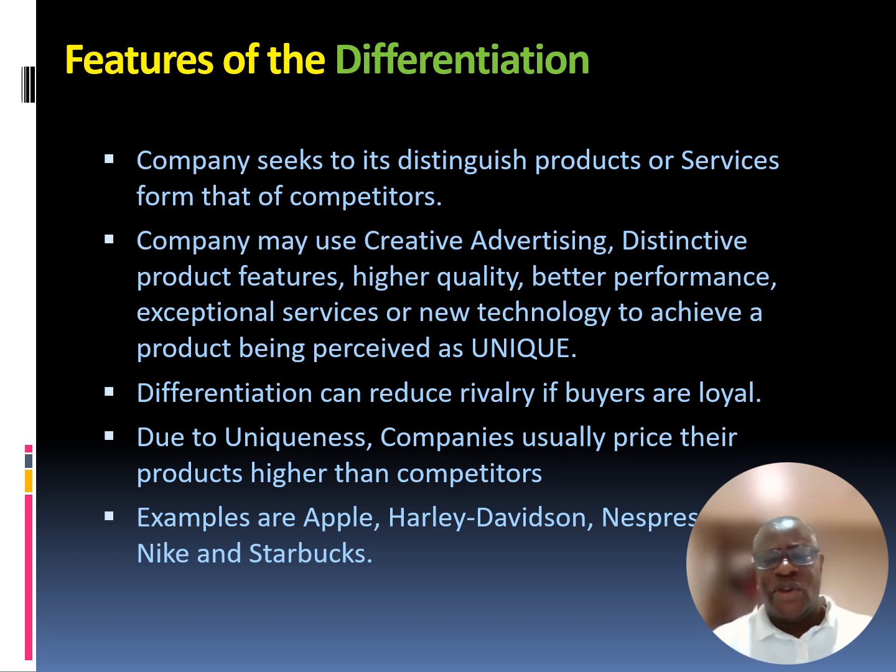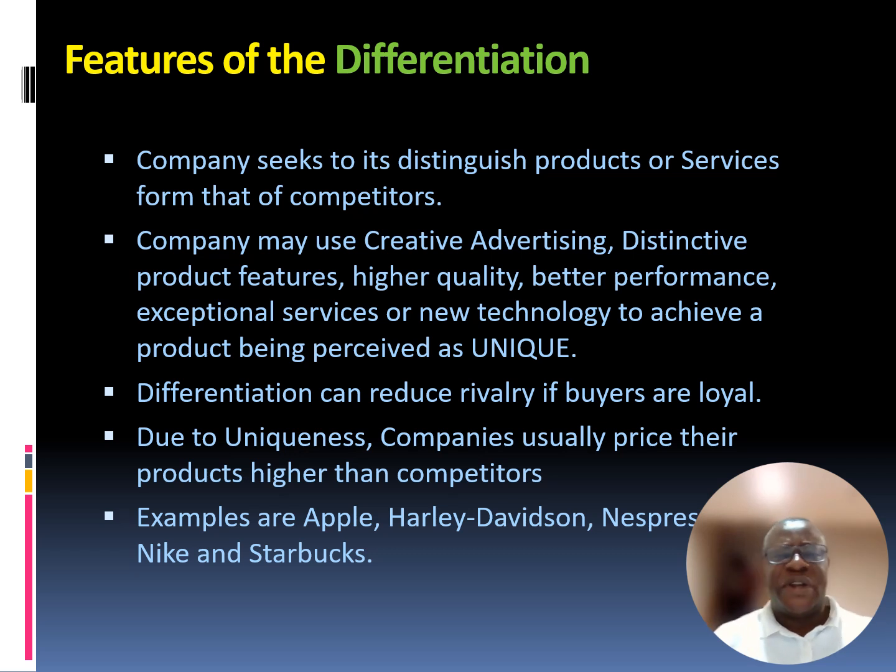Again, remember the word unique. Unique is a key word on that. Because of that uniqueness, differentiation can reduce rivalry if the buyers are loyal. Due to uniqueness, the company usually prices its product higher than competitors.